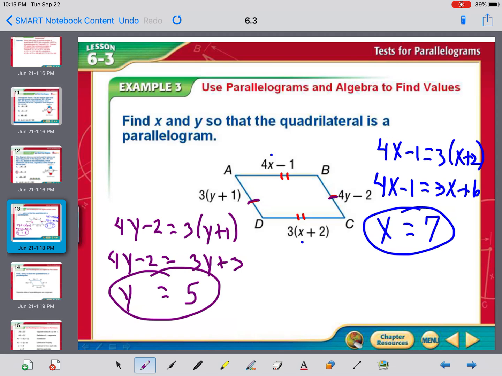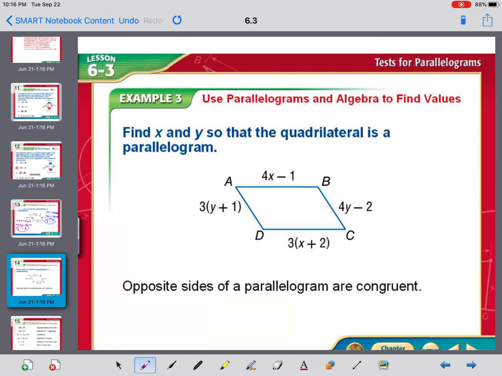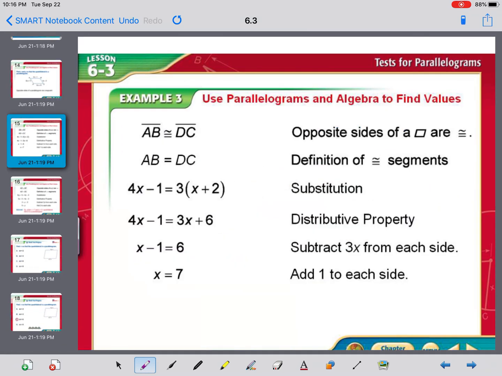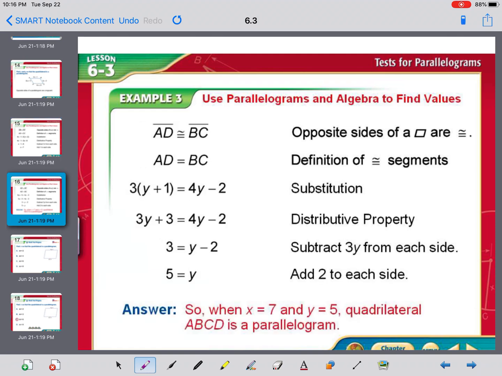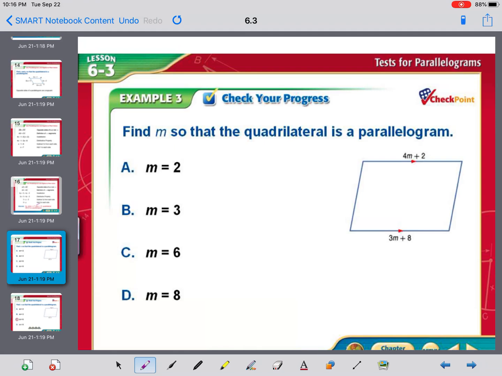Send the 2 over, it'll be addition, and y is 5. Plug the 5 in if I want to check, and both those sides are 18. They found the 7, they found the 5, they said what we said.